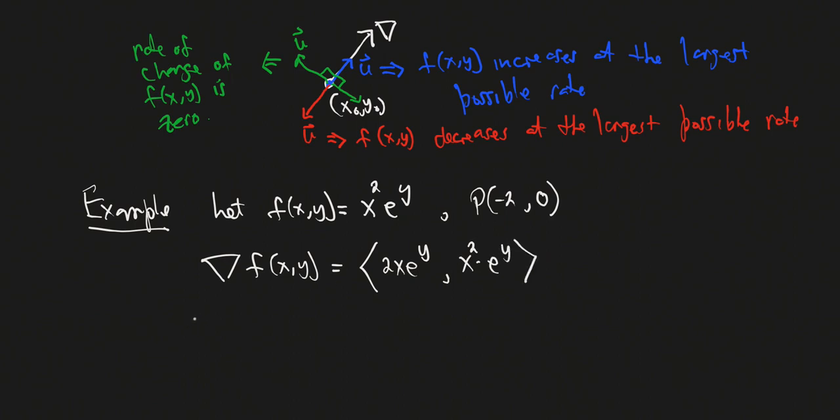So now let's evaluate the gradient at this specific point. The point here is (-2, 0), and if we plug that in, we will get -4, and then this will be a +4.